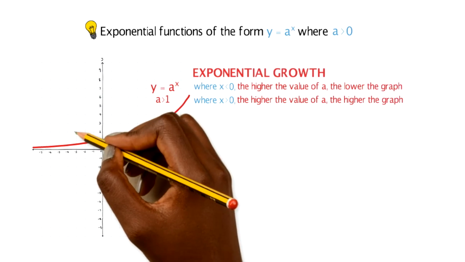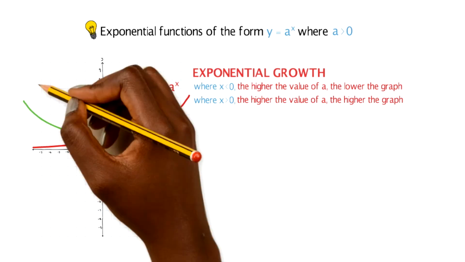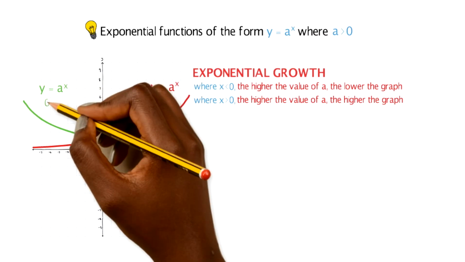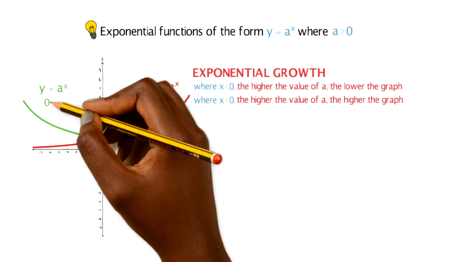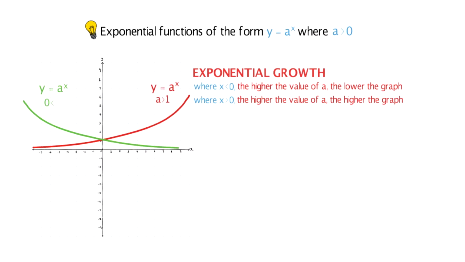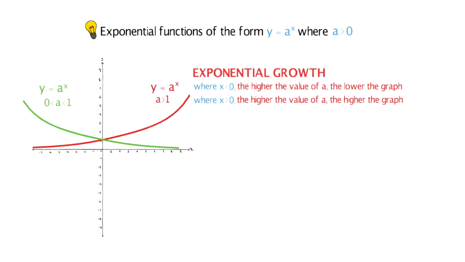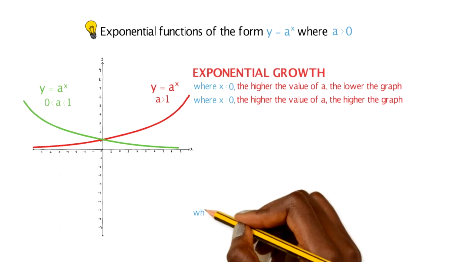But let's say you still have the same equation, y is equal to a to the power of x. However, your value of a is not greater than 1, but between 0 and 1. Then notice how the green line is not growing, it's reducing, it's going down.